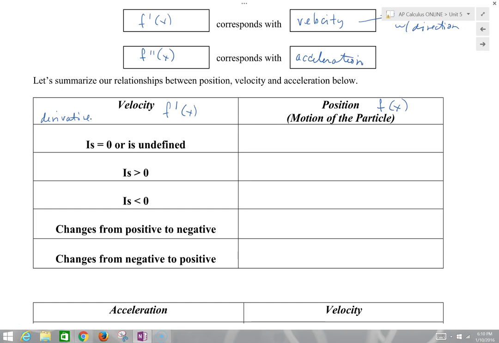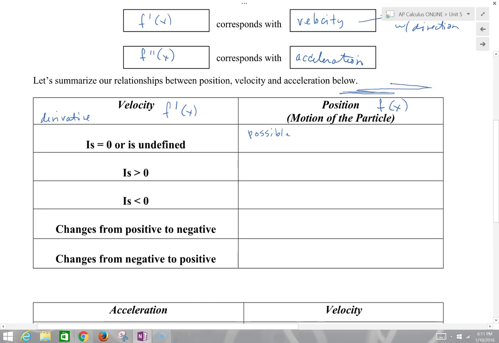All right, so if the derivative is 0 or undefined, these are our critical points. So where we have maximum and minimums on a function. But this is where there is a possible place where the particle, which is just moving back and forth, back and forth, back and forth.